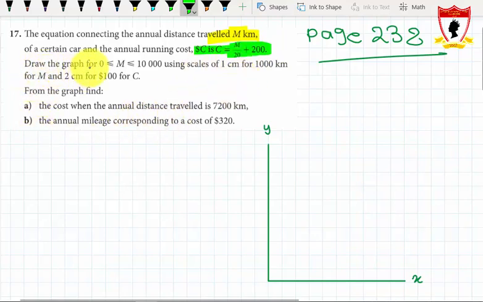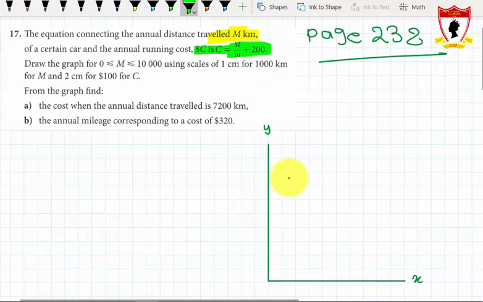Then draw the graph for 0 ≤ m ≤ 10,000. So the interval of m is from 0 to 10,000 using the scale of 1 centimeter for 1,000 kilometers, and 2 centimeters for $100 for the cost.